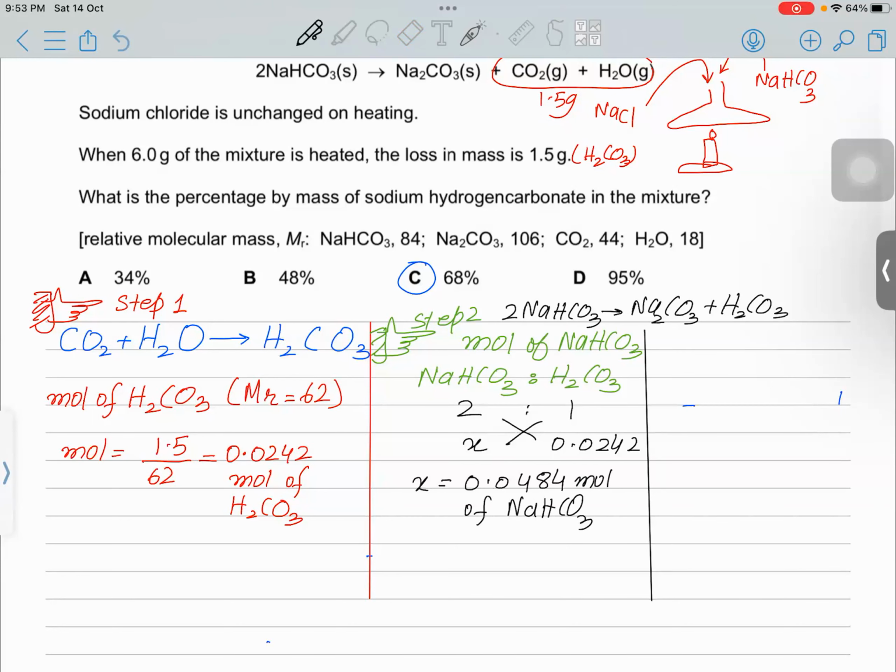Now next step, step 3, mass of NaHCO3. Mass is equal to Mr times mole.